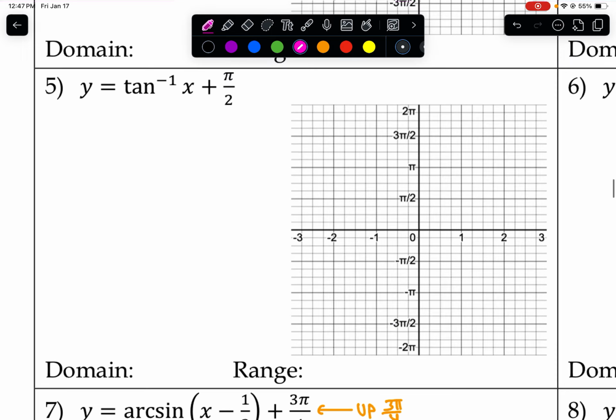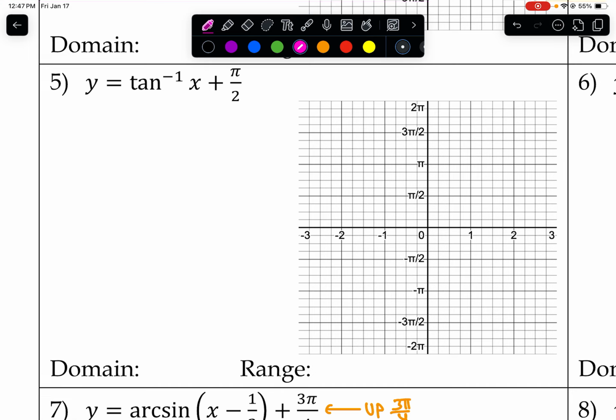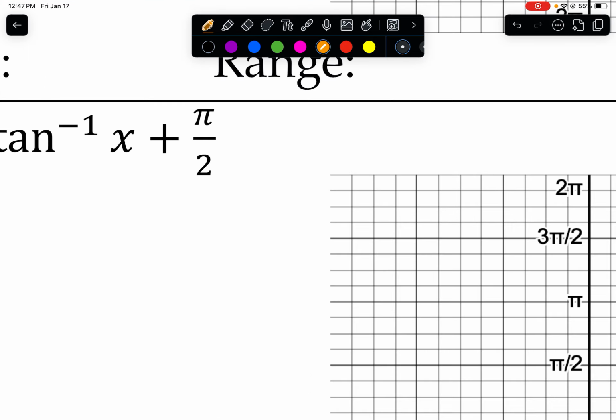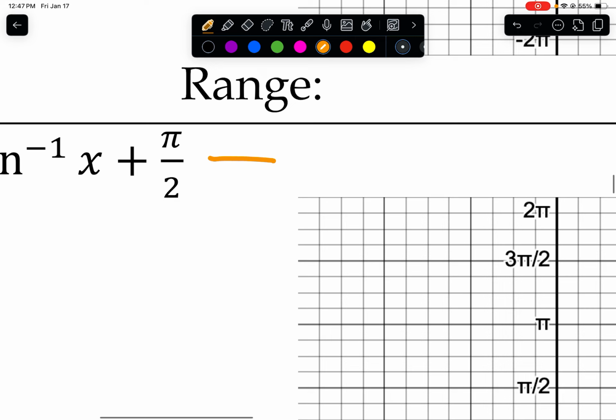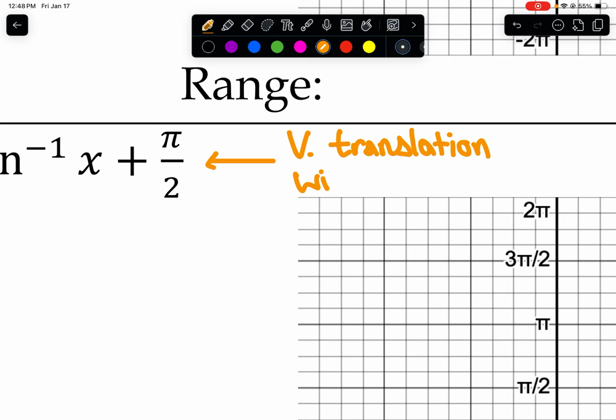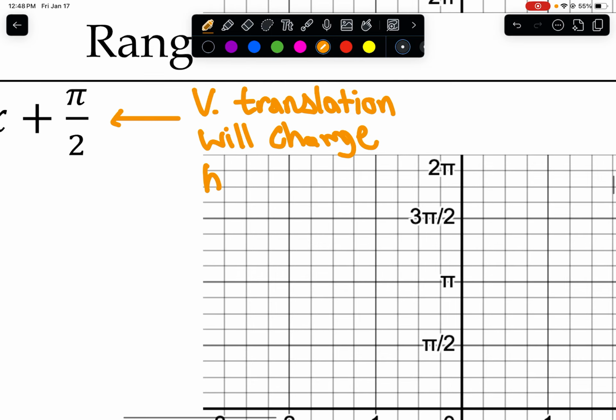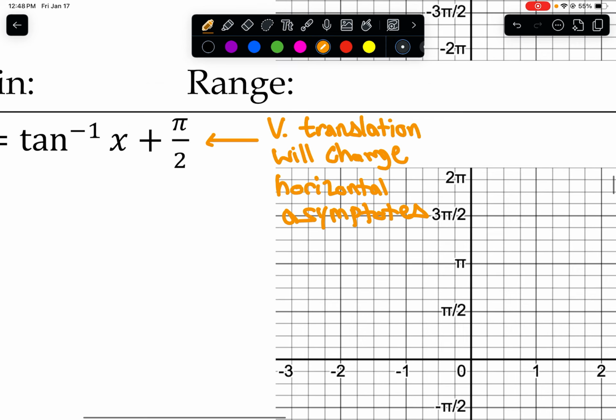All right, and then a special note with tangent. I'm not going to do this one, but I do want to mention this. When you have a vertical shift, or translation, a vertical translation is going to change your horizontal asymptotes.